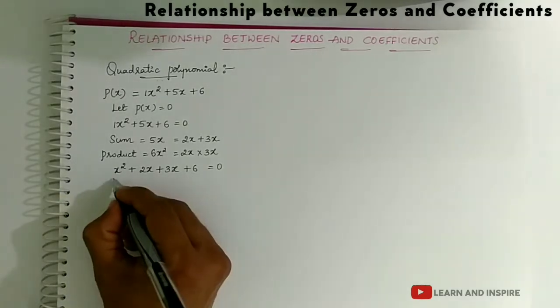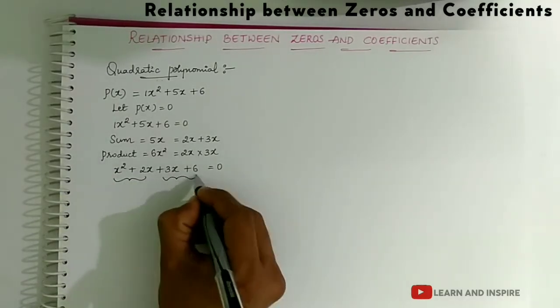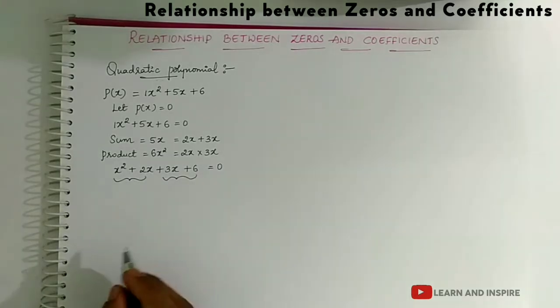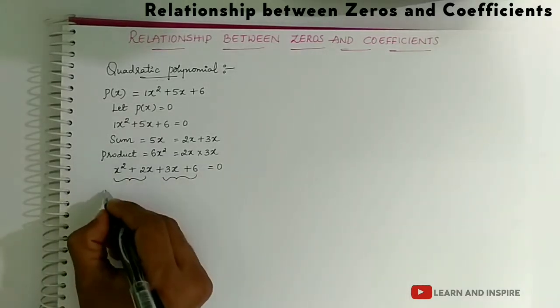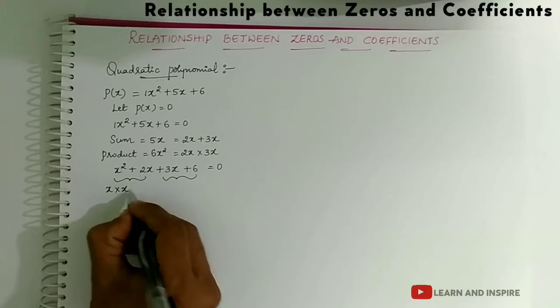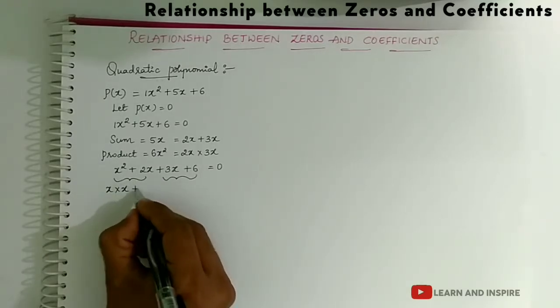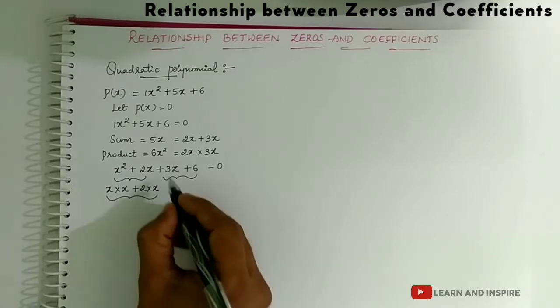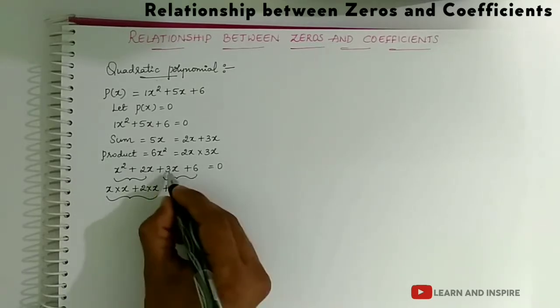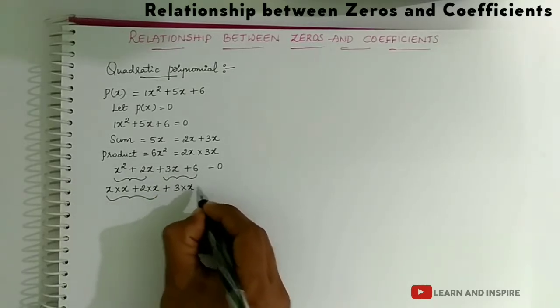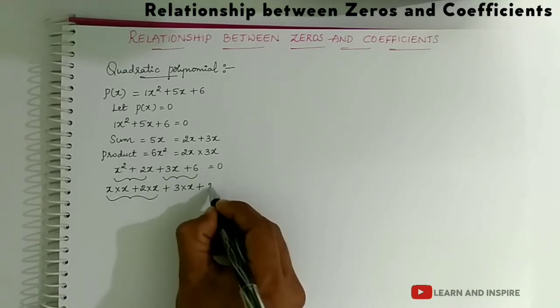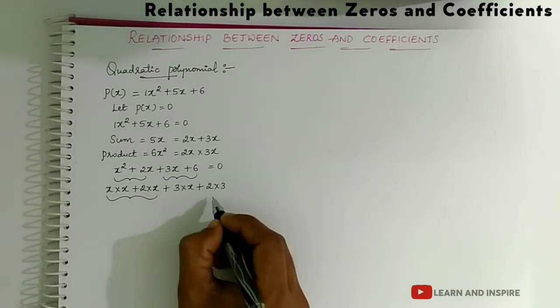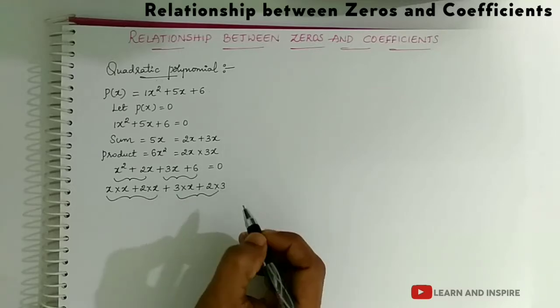Now I make groups of terms. This is the first group and the second group. x square can be written as x into x, plus 2x can be written as 2 into x. So this is one group. Plus 3x can be written as 3 into x, plus 6 can be written as 2 into 3. This is the second group.